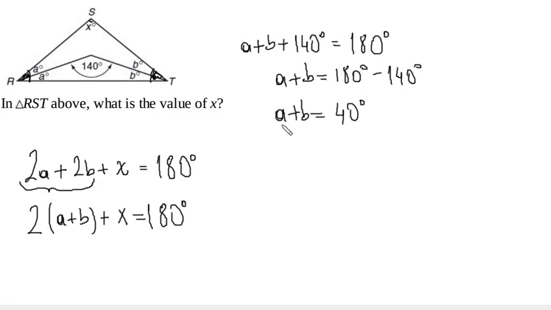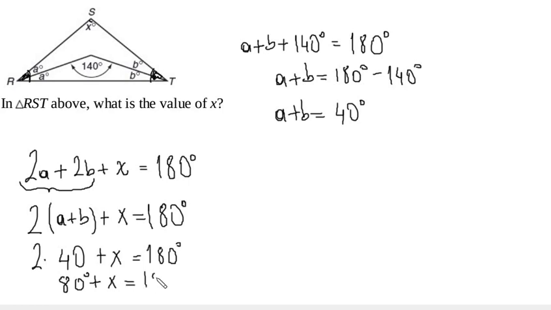As we found before, A plus B is equal to 40. So 2 times 40 plus X is equal to 180 degrees. 2 times 40 is equal to 80. 80 degrees plus X is equal to 180 degrees. So X is equal to 100 degrees, which is our answer.